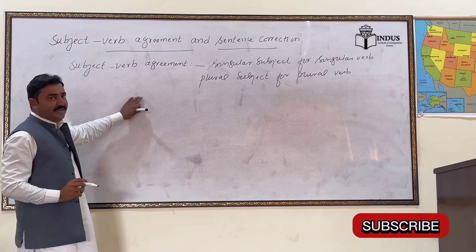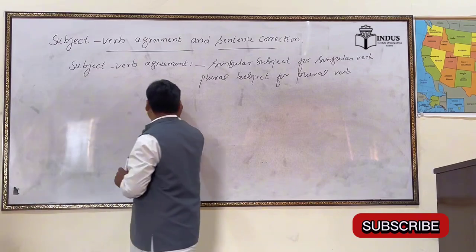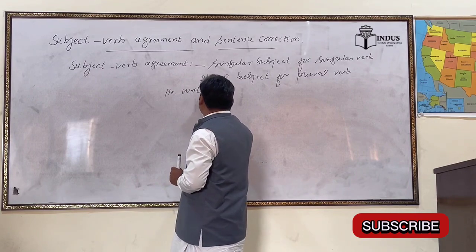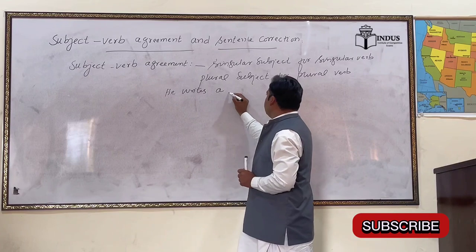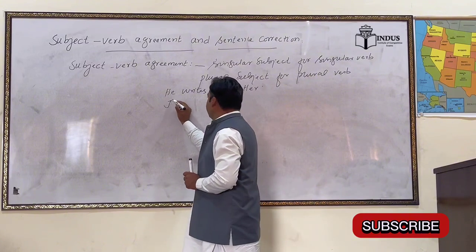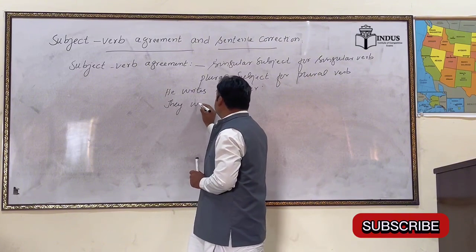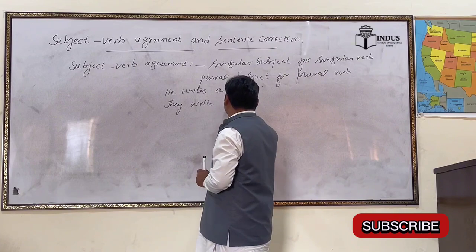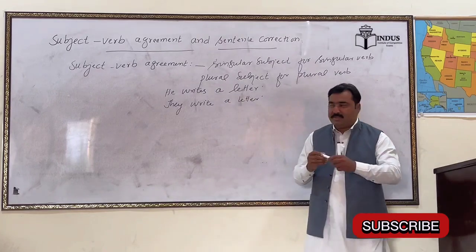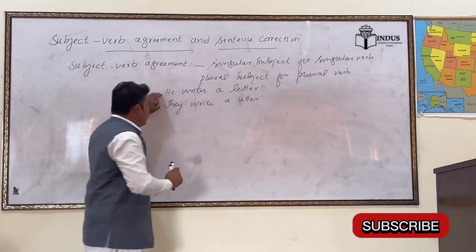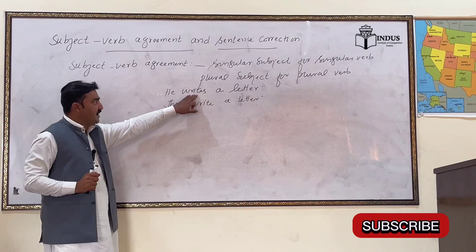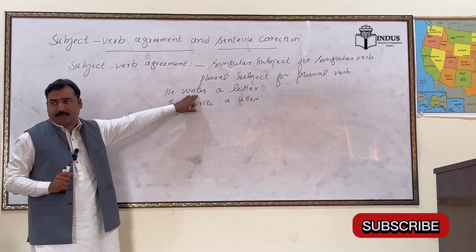I will give you a very simple example: he writes a letter and they write a letter. So here we have a singular subject. For a singular subject, I have used a singular verb.